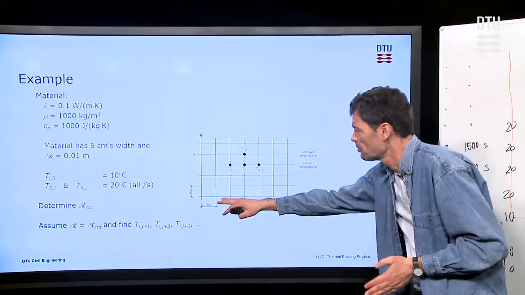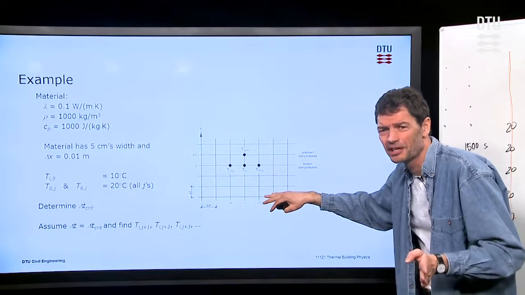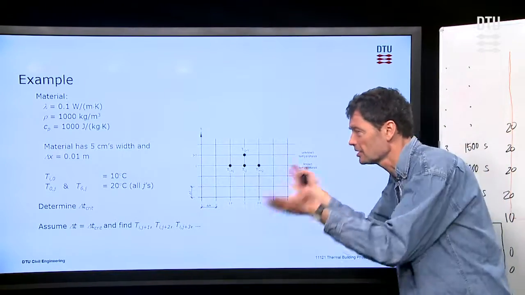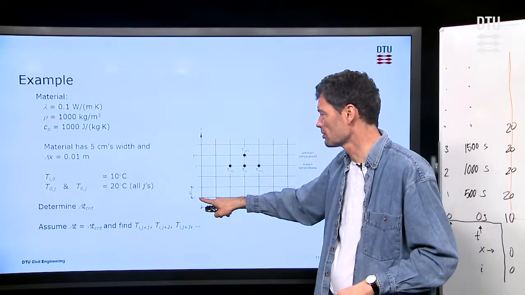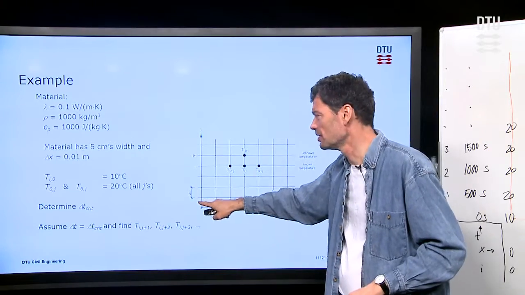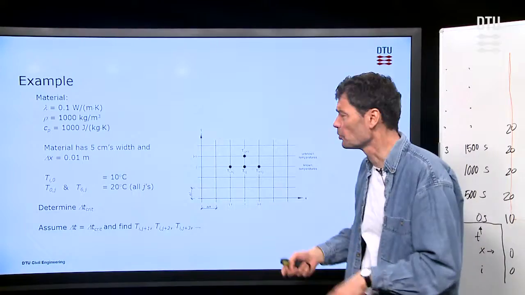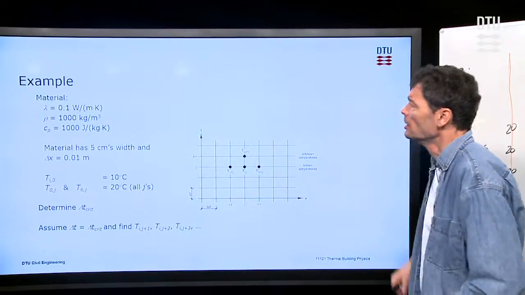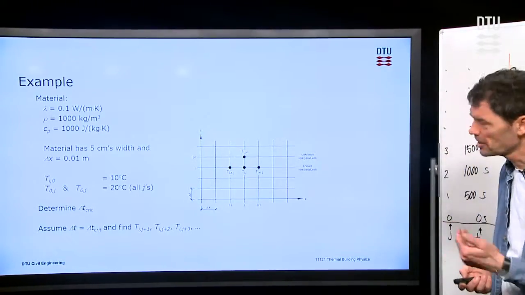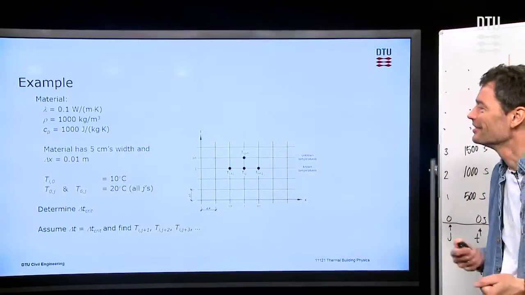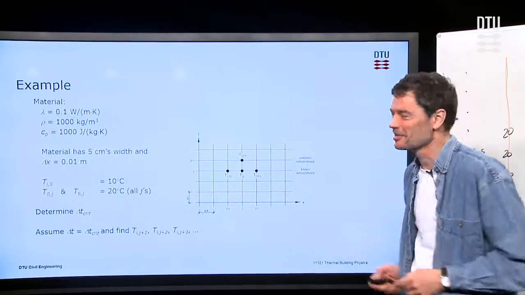Initially, all the points are at 10 degrees centigrade, and then suddenly, when we begin the calculation, the boundary temperatures are increased to 20 degrees centigrade for all time levels onwards. We should determine the critical time step, and then calculate the temperatures as they develop.